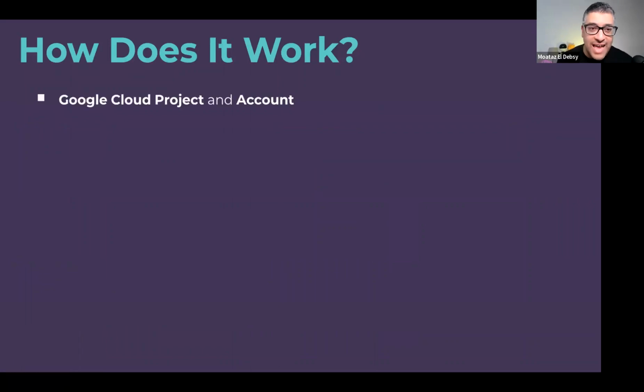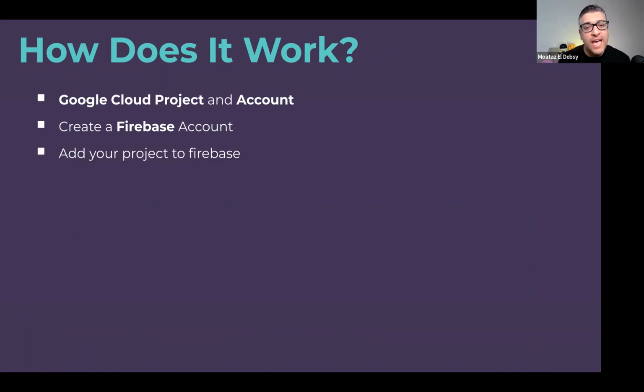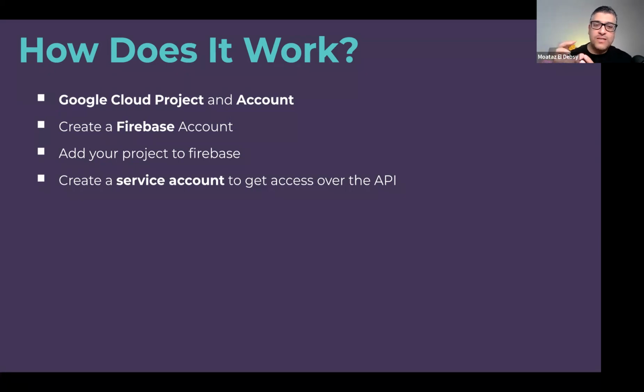How does it work? As I told you, you should have a Google Cloud project and account, create a Firebase account, add your project to Firebase, and create a service account to get access over the API. You create a JSON file, download it, and upload it to your CI server to be able to access the GCloud project and the Firebase project from the service account.